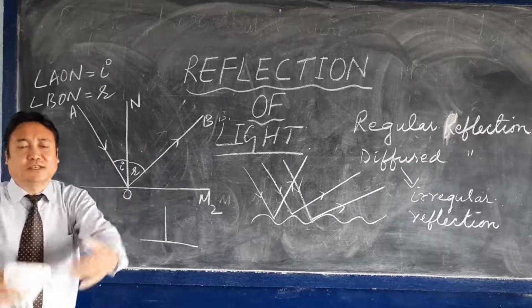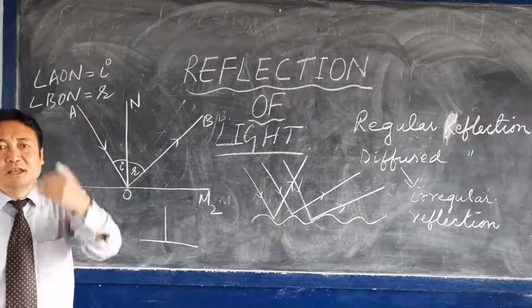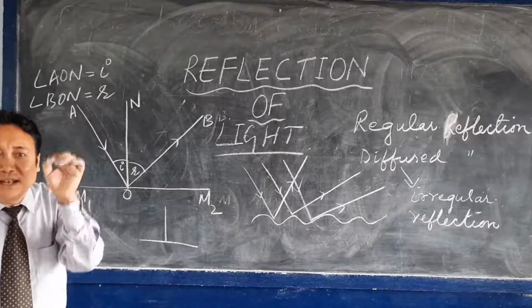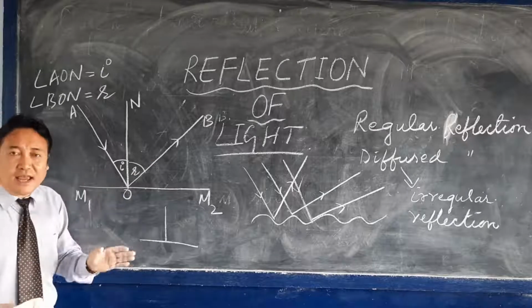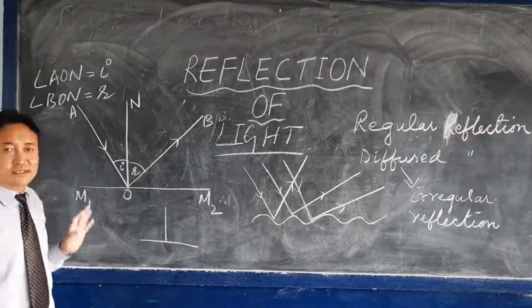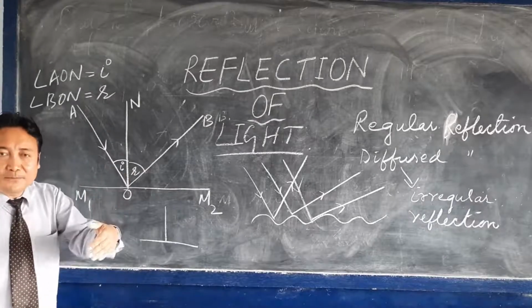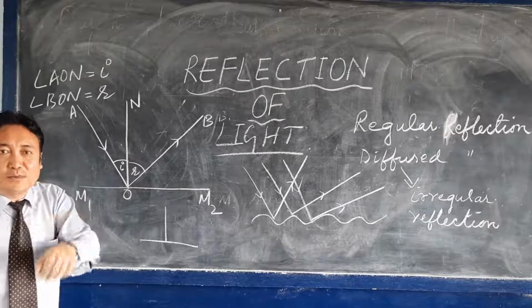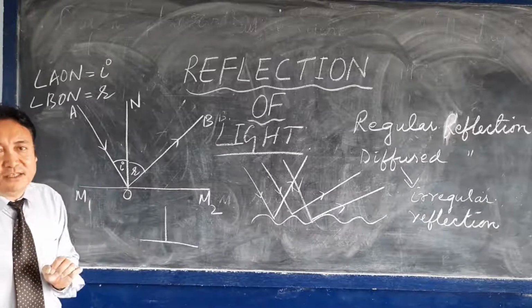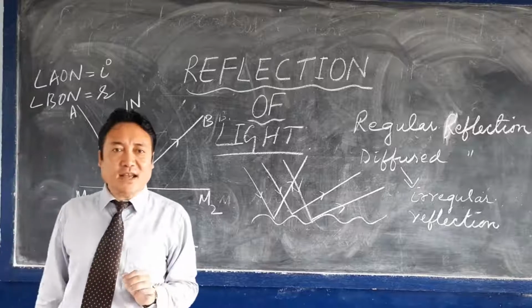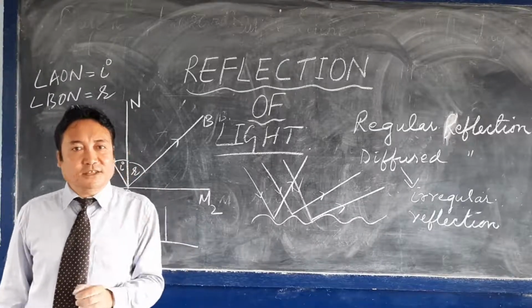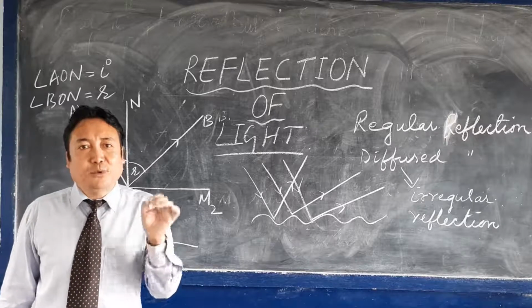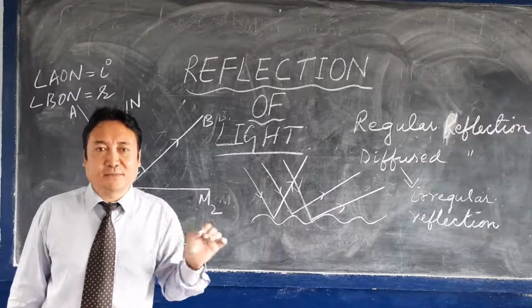That means the incident ray, reflected ray and the normal at the point of incidence lie in the same plane.